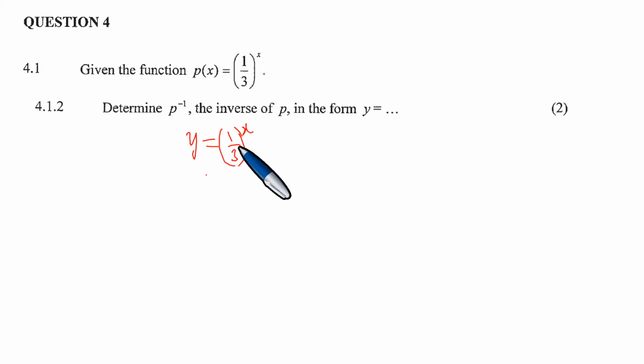So now in the place of p, you can just put y there. This one is the graph of p, and for the graph of the inverse of p, we interchange. In the place of y, you put x. In the place of x, you put y.